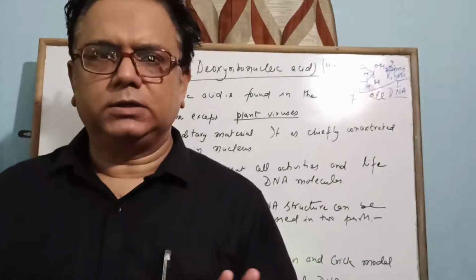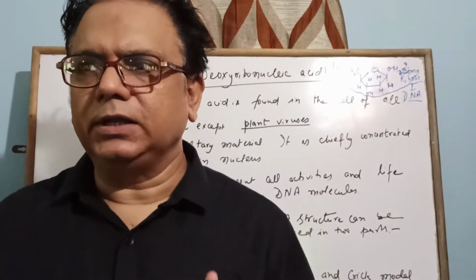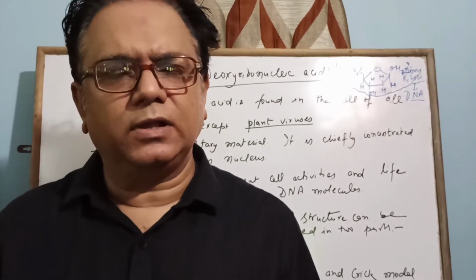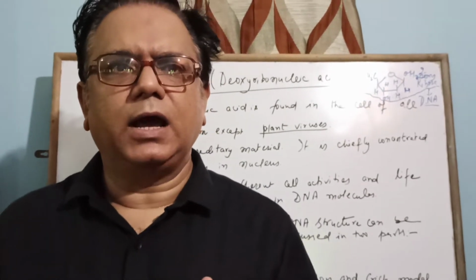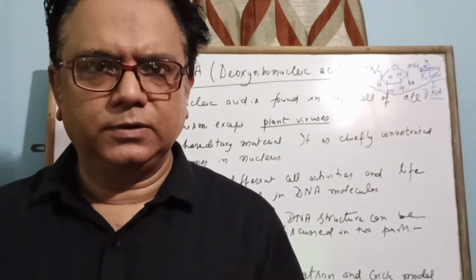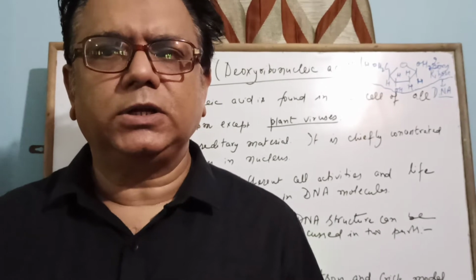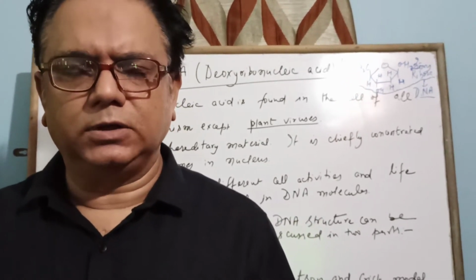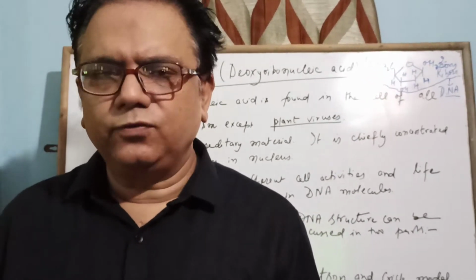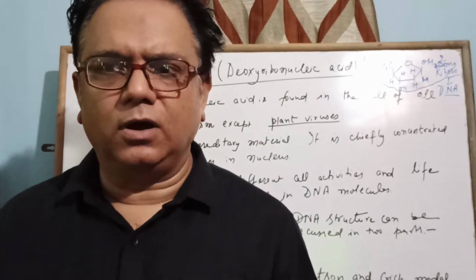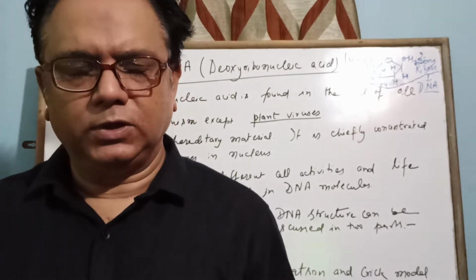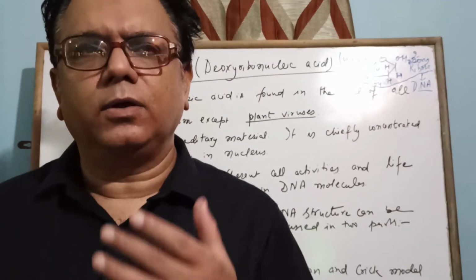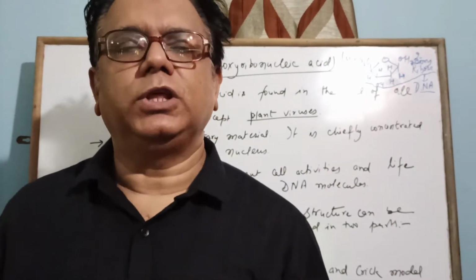Now, when we talk about DNA, we say that DNA is present in all living cells except plant viruses. We also know that DNA is hereditary material. When we say hereditary material, DNA is responsible for the transfer of characteristics from parents to their offspring.